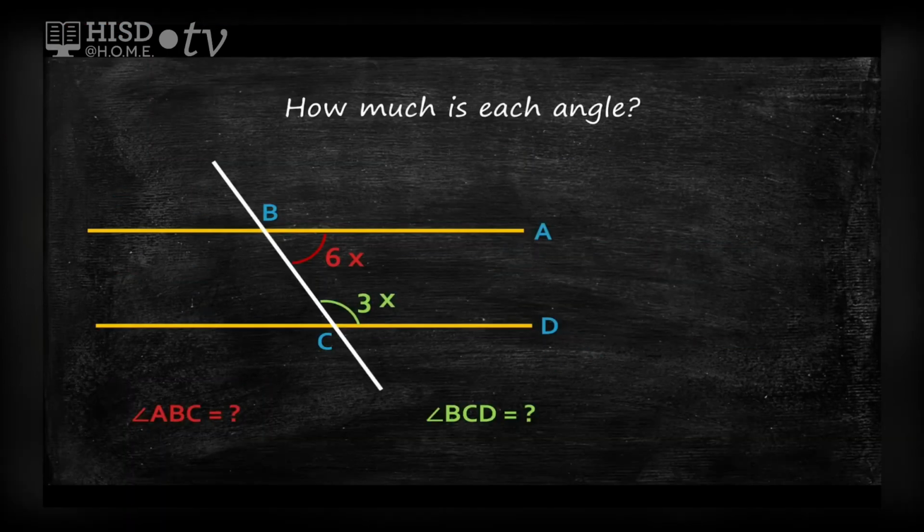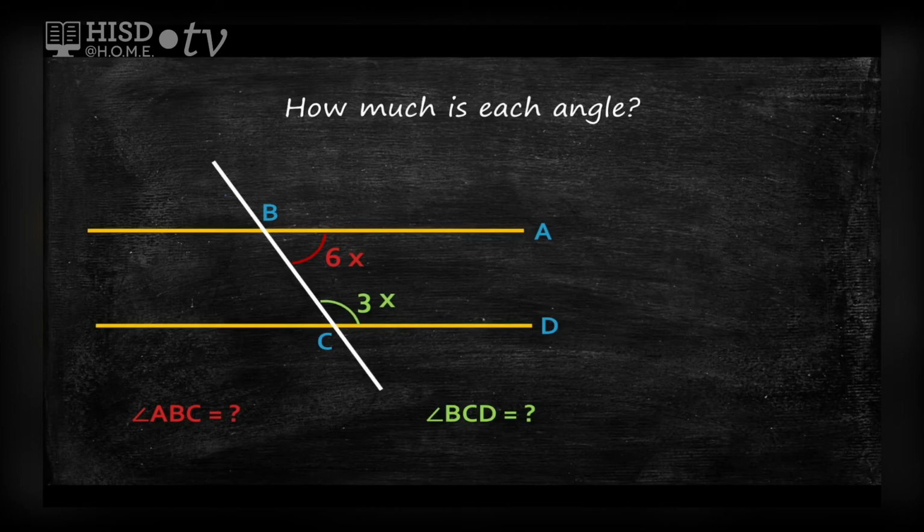Now let's explore what we just learned and see how we can use it in this problem. So it says that we have an angle that is equal to 6x and another angle that is equal to 3x. And they want us to find the measure of each angle.